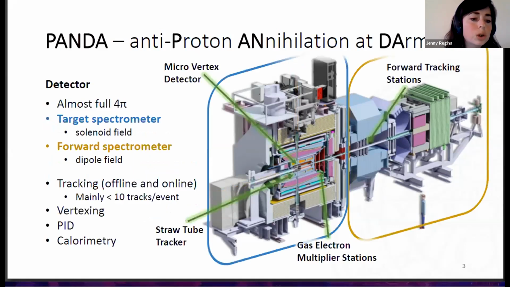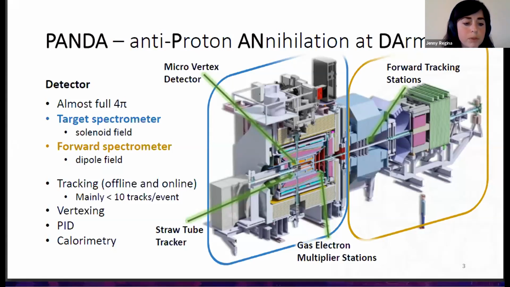I want to show some more details of the detector. In order to fulfill the physics requirements, PANDA will be an almost full 4-pi detector, divided into two parts: the target spectrometer marked in blue and the forward spectrometer marked in yellow. The main tracking detector closest to the interaction point is a microvertex detector.